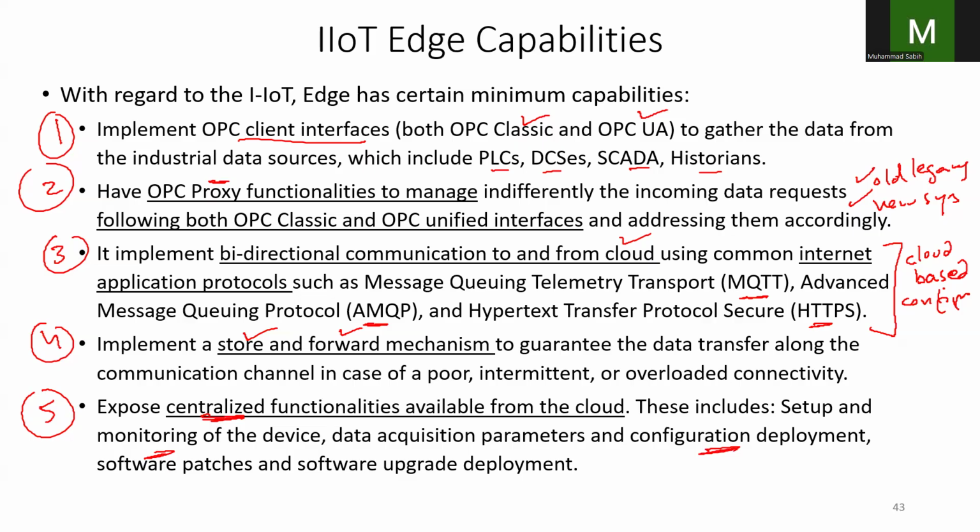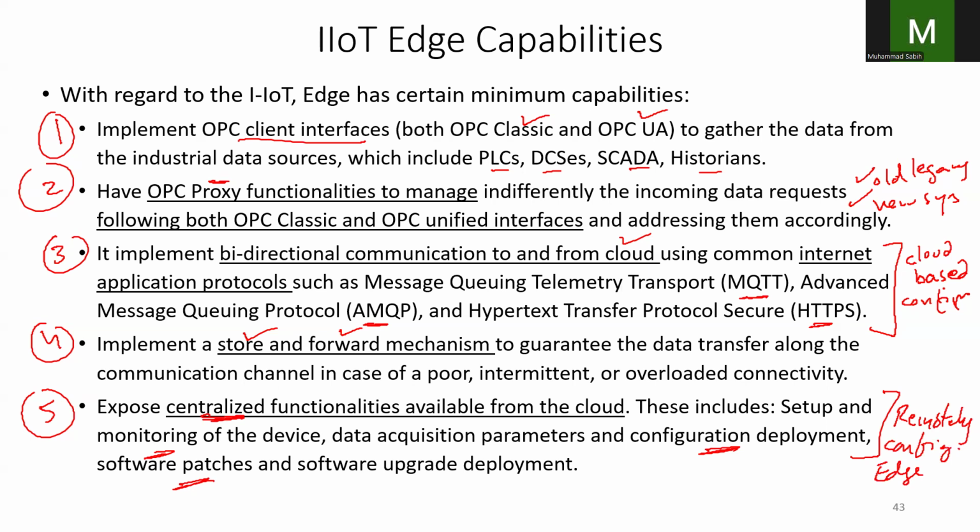Sometimes you need to apply software updates, patches, and security patches. All of this without needing to be on site. So this requires that you remotely configure or update your edge.